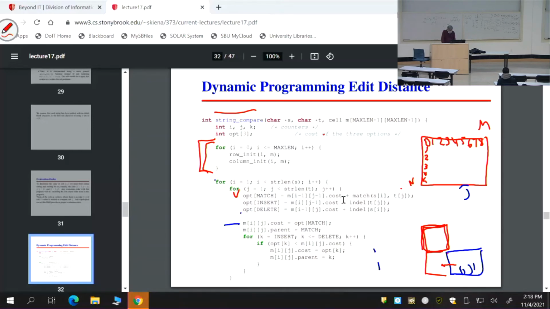This cell over here is what corresponds to a delete. This was a match cell. This was a delete cell. This was an insertion cell. Does everybody see? In order to compute M of i, j, I need the three cells around it.